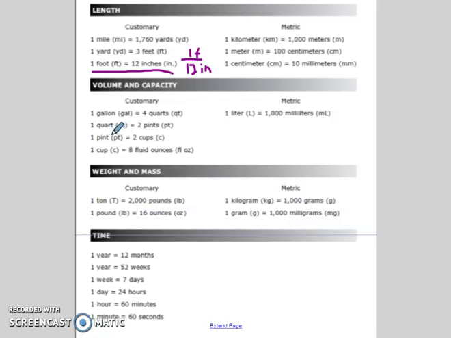Do we have anything on here that takes us from quarts to gallons? Not quite. Oh, right here. 4 quarts equals 1 gallon. So first we go to our chart and find our conversion rate. Then we can go back to our problem.